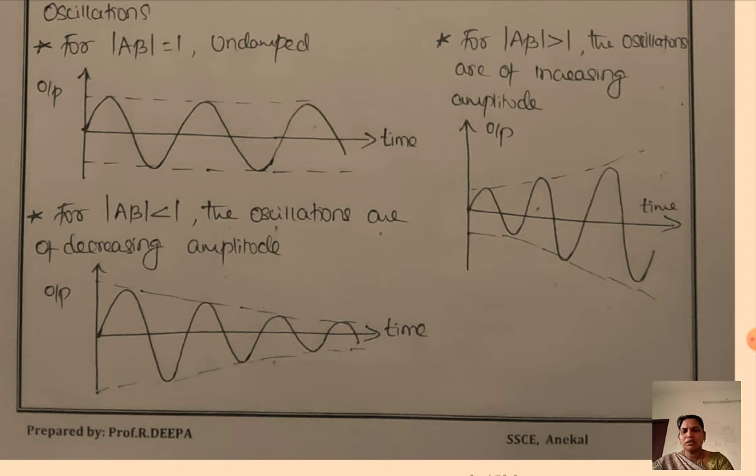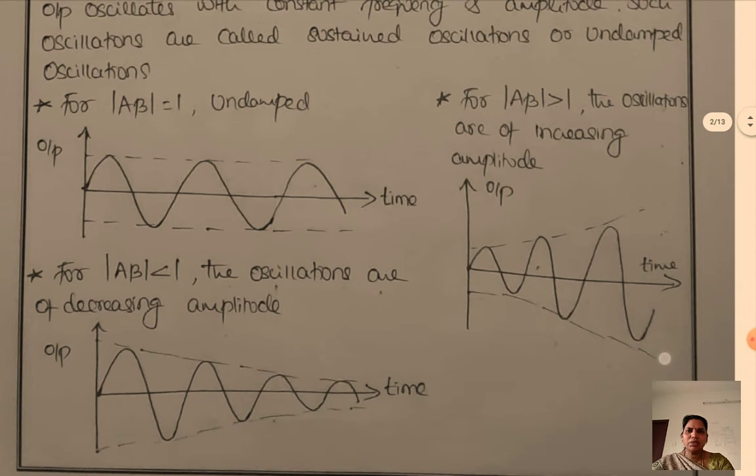And the third case: if A beta is less than 1, the oscillations will be of decreasing amplitude, so the output amplitude keeps decreasing with time. This is why we have to maintain Barkhausen's criteria, modulus of A beta should be 1, to get undamped oscillations.